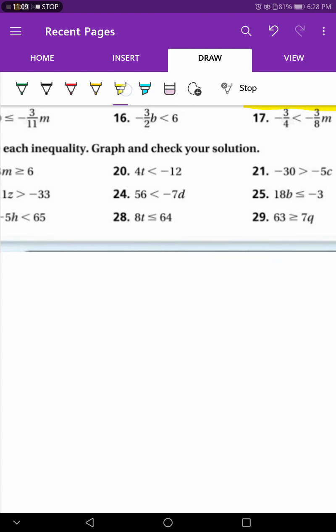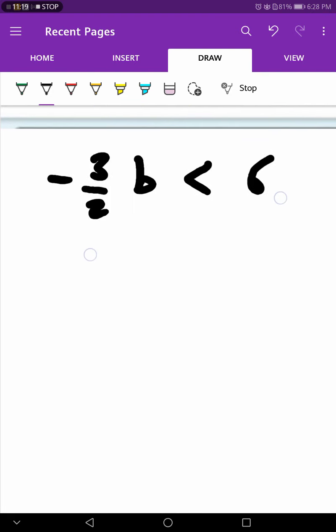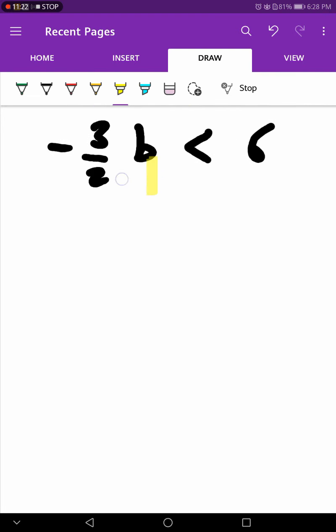So now it is negative 3/2 b is less than 6. Now I determine the left and the right, and I ask Yaman, what is the coefficient of b? It's 3/2, or negative 3/2?